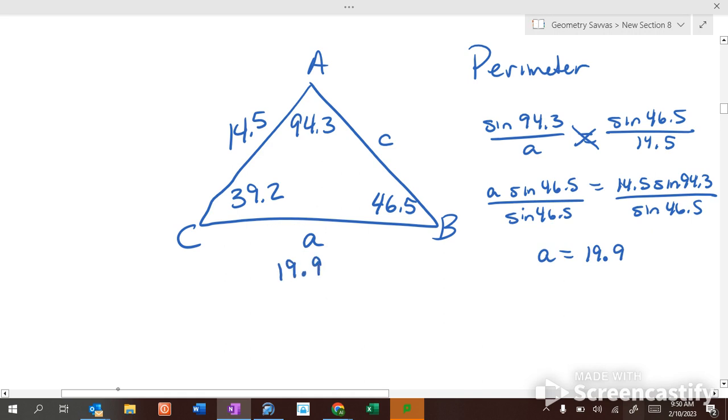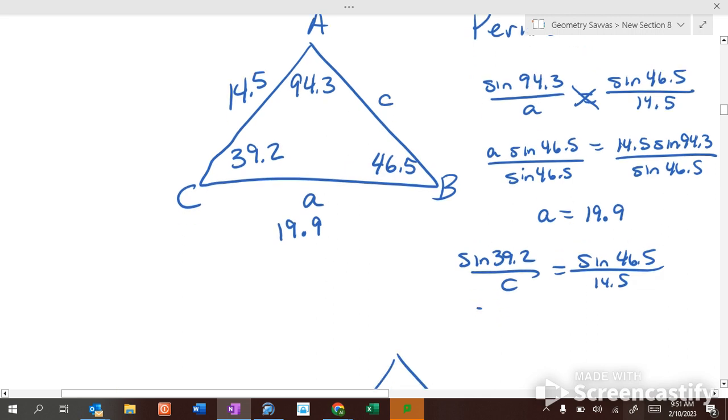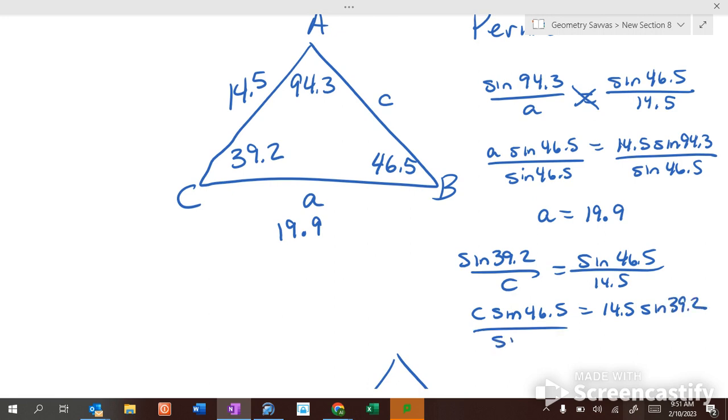We're good there. Okay, now to find C, its opposite side, sine of 39.2 over C equals the sine of 46.5 over 14.5. So C sine of 46.5 equals 14.5 sine of 39.2, and divide by the sine of 46.5.